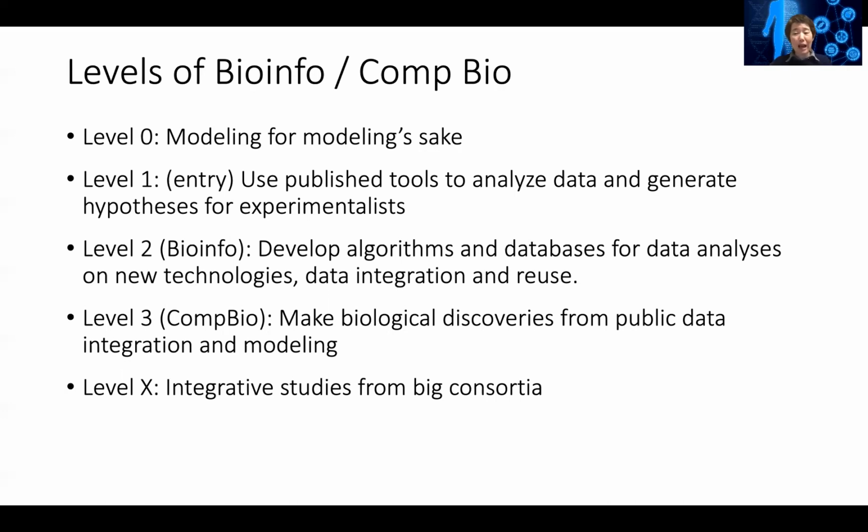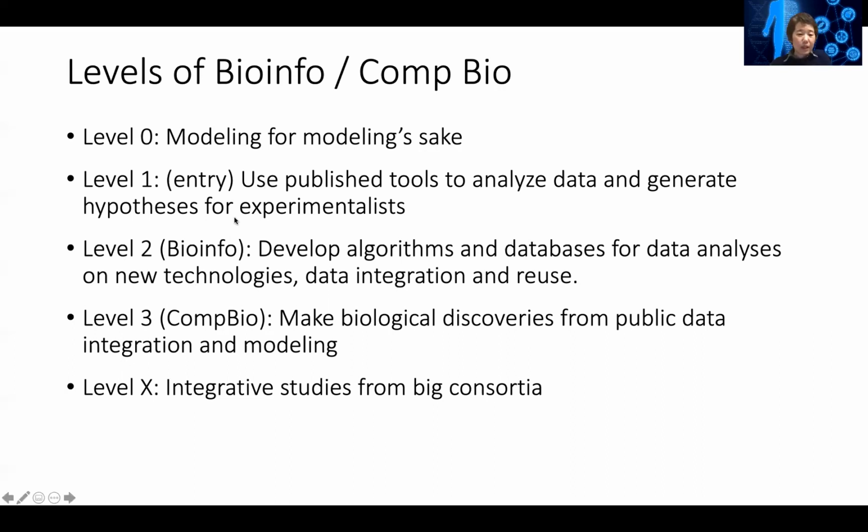And so many labs that were generating or adopting these technologies may not even know whether their experiment worked or not. So many computational biologists would develop an algorithm to help the experimental biologists, once they generate the data, to analyze it, QC, and generate hits.